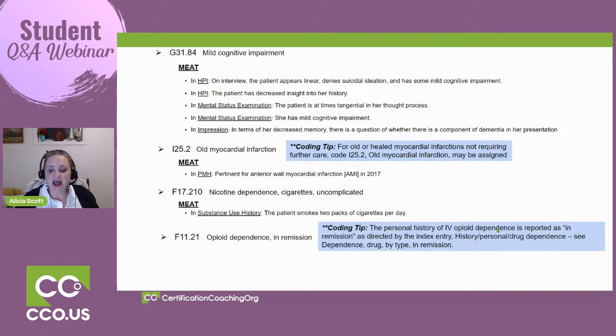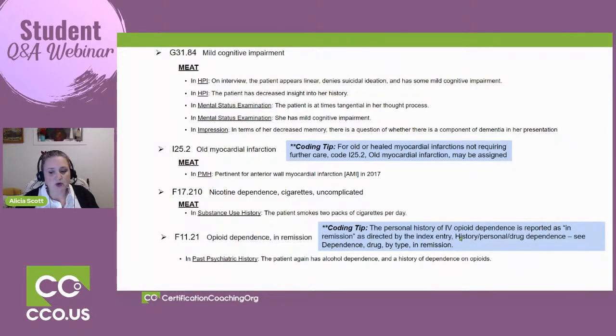For a personal history of the IV dependence in remission, you go to the index. You look up history, personal, not family and all that. You look up the drug dependence, and then it tells you the drug type, opioid, and then in remission. So that's how you look that up in your index. Then we have here history of dependence on opioids. So the index tells you that there isn't a code for history of opioid use.